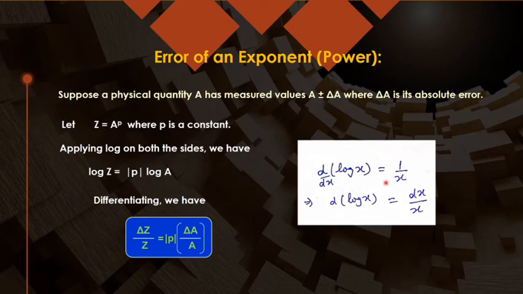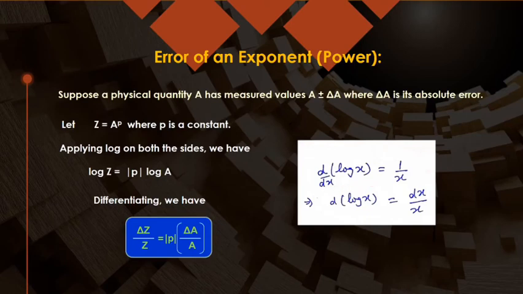You should keep this formula in your mind: d by dx of log x equals 1 upon x. Then I can write d of log x equals dx upon x.